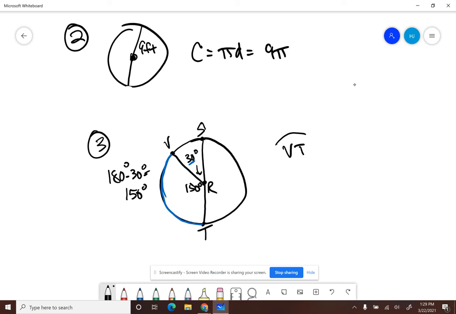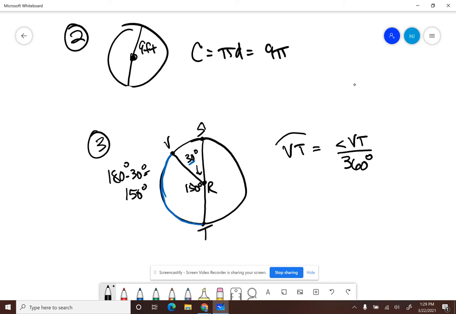Well, remember here, we're kind of talking about a radius, right? From R to V or V to R, that is actually a radius. So to find the arc length, to find VT, we are going to take angle VT, okay? And we're going to divide it by 360 degrees. Remember, there's 360 degrees in a total circle, but we don't need the total circle.